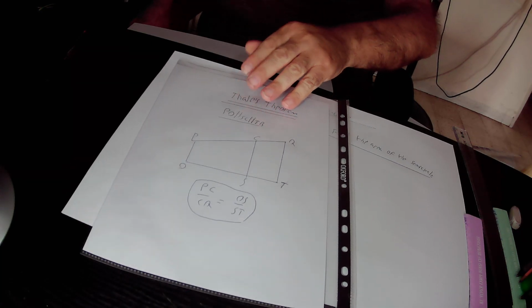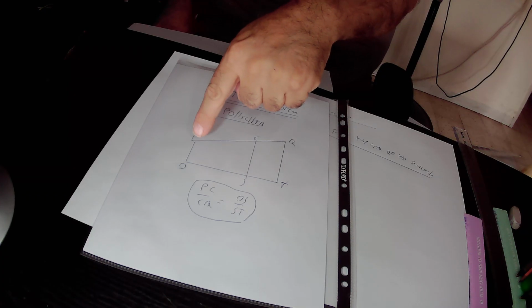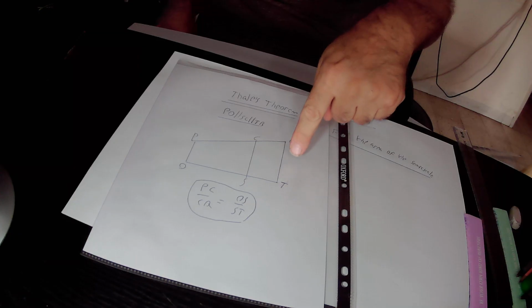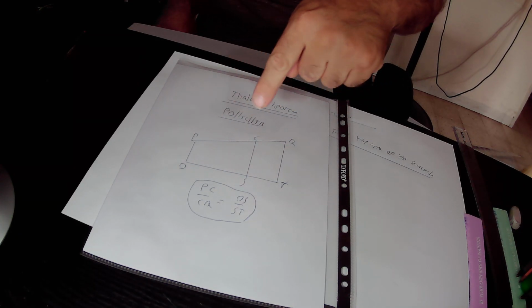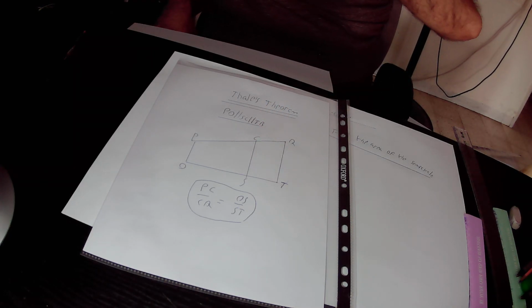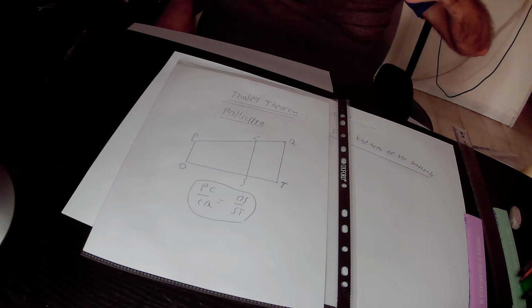In the drawing, PO is parallel to CS is parallel to QT. Those three lines are parallel to each other. The two lines that connect the three parallel lines are PQ and OT.